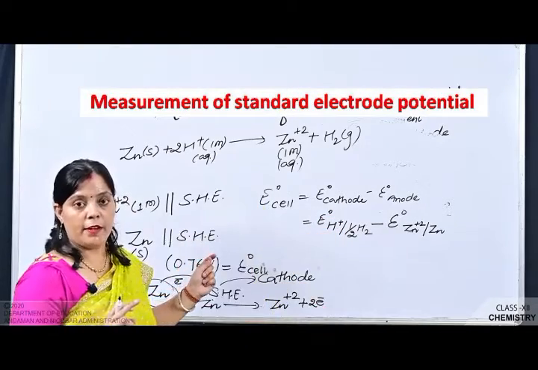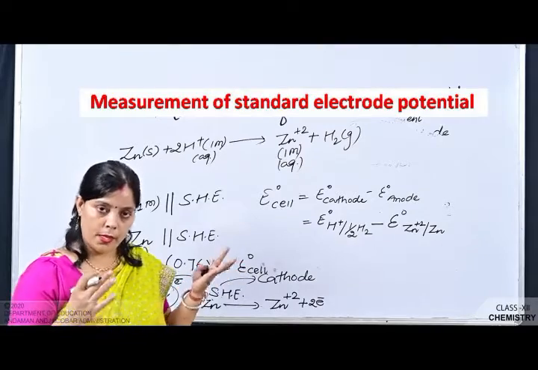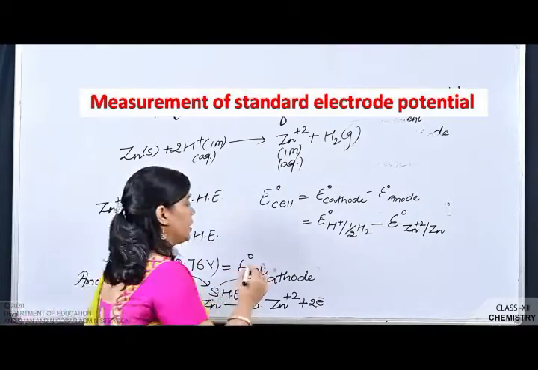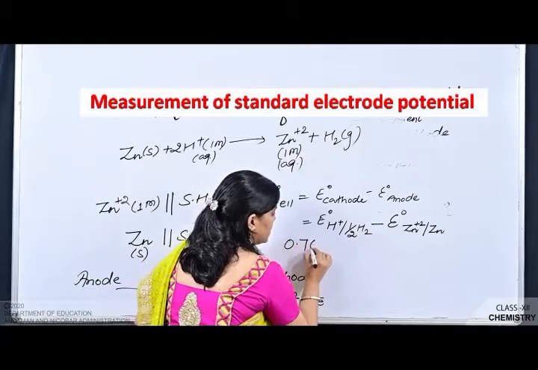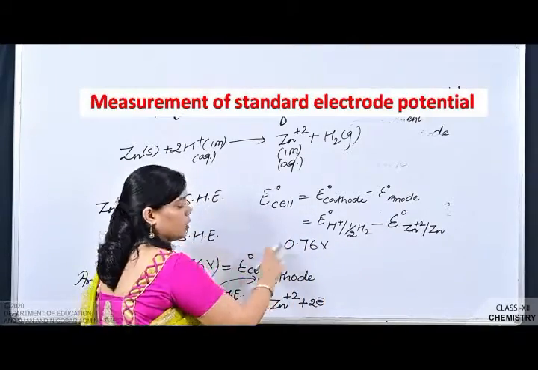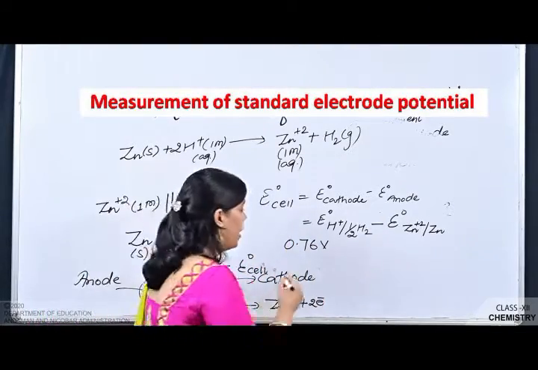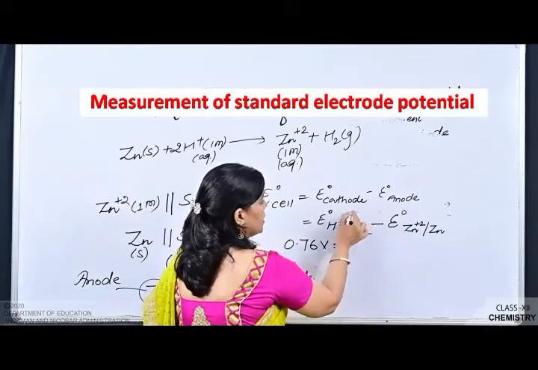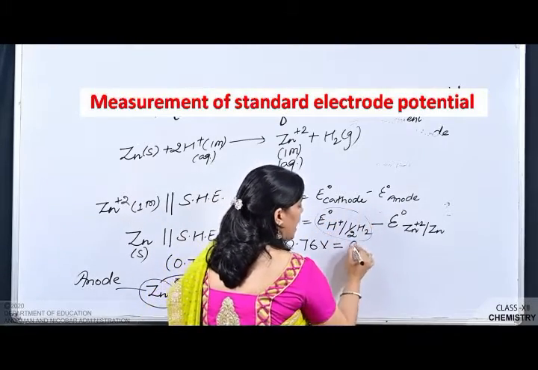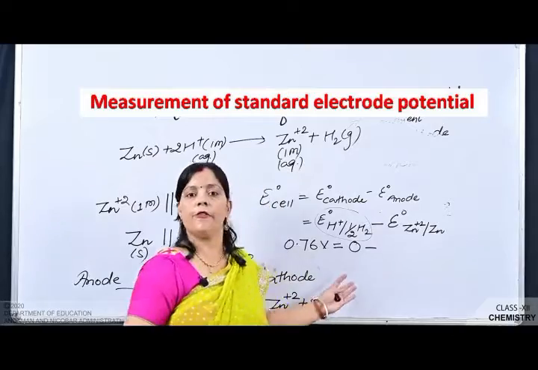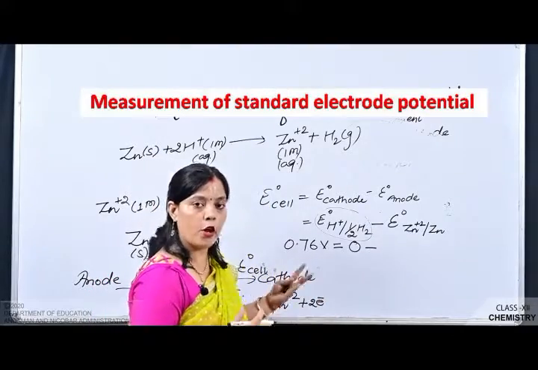This potentiometer gives the reading that this electrochemical cell has a voltage of 0.76 volt. That is, E cell naught is equal to 0.76 volt. This is the standard hydrogen electrode, so it has the potential 0 because it is a reference electrode. It has the fixed potential at all temperatures.